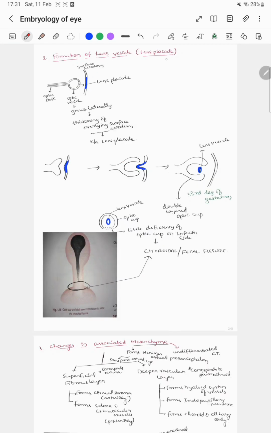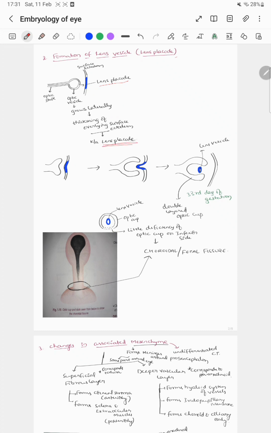Formation of the lens vesicle or lens placode. There is a surface ectoderm overlying the optic vesicle, and it is known as the lens placode when that surface ectoderm gets thickened. The optic vesicle grows out laterally and results in thickening of the overlying surface ectoderm. It is known as the lens placode.